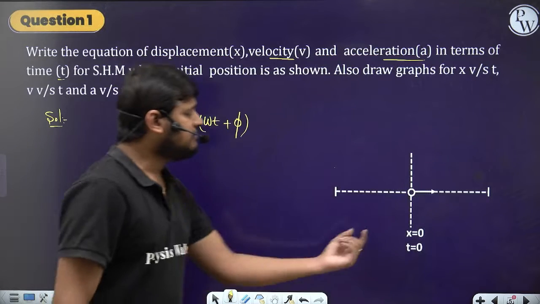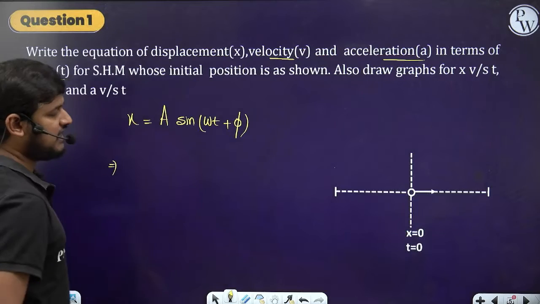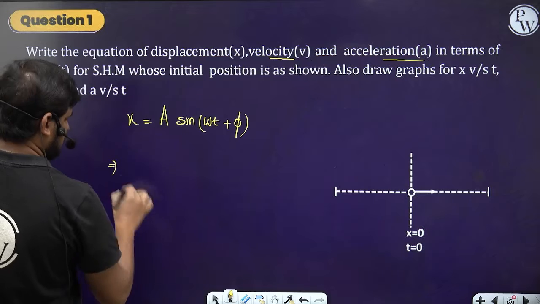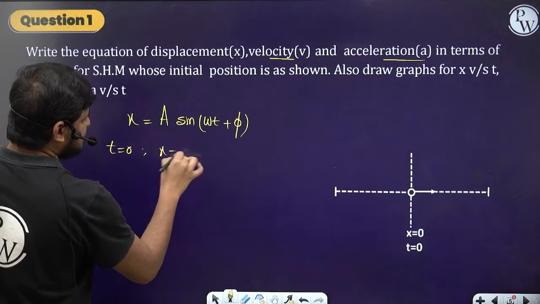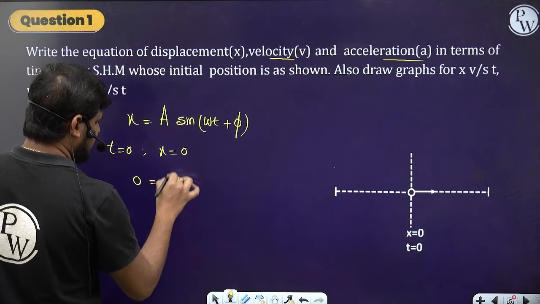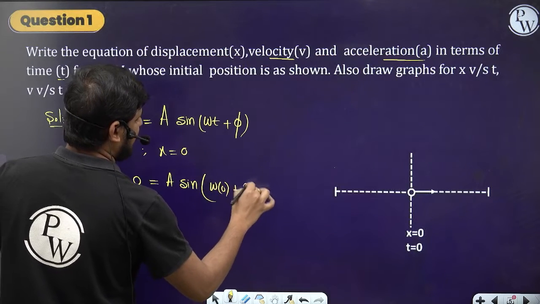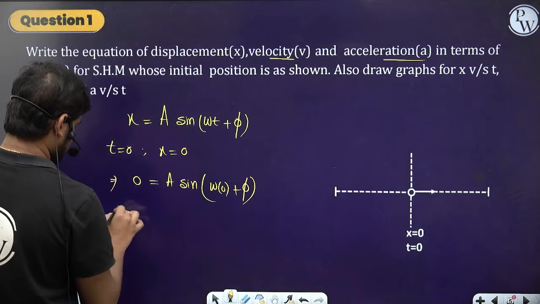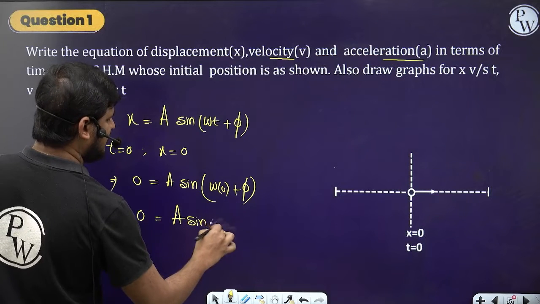At time t equals 0, the particle's displacement is 0. Putting those values here, at time t equals 0, x is equal to 0. So 0 is equal to a sin(omega into 0 plus phi), which is a sin phi.